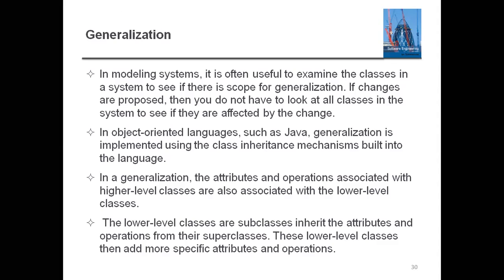If I change any of the properties in my student class, it should not affect my teacher class. That is the first thing. Here I have written that you do not have to look at all the classes in the system to see if they are affected by the change. It should not affect them in generalization. That is the scope of the generalization concept.